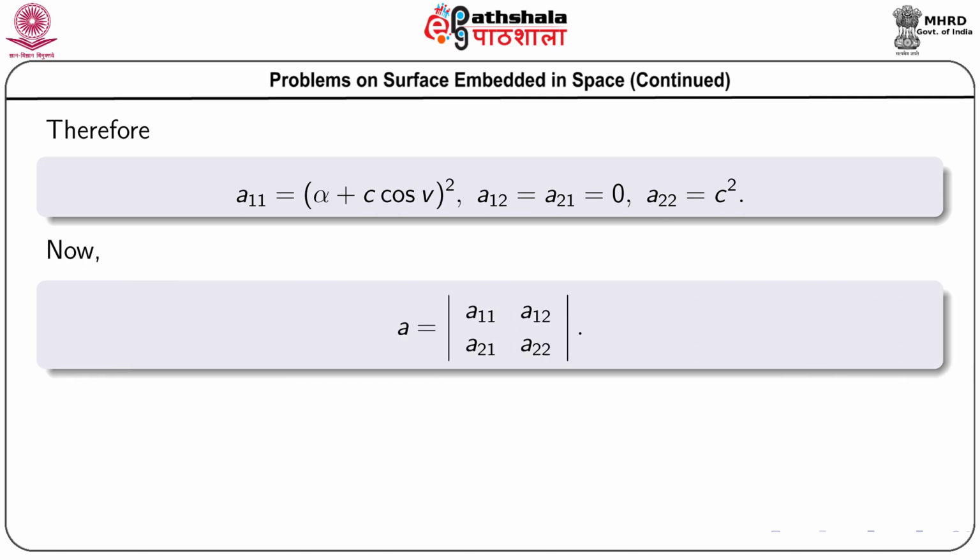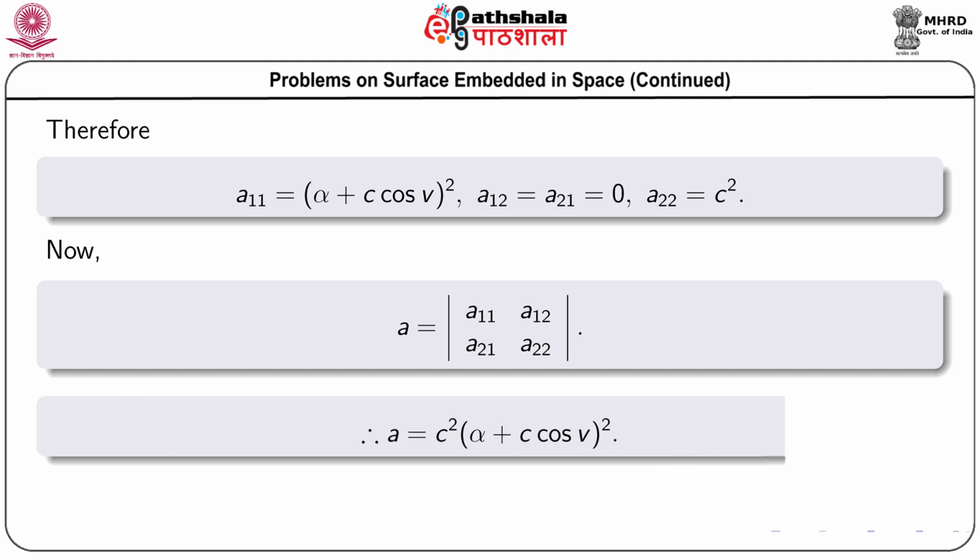So, the determinant A will be the determinant of A11, A12, A21, A22, and the value of A is coming to c square times alpha plus c cos v whole square.